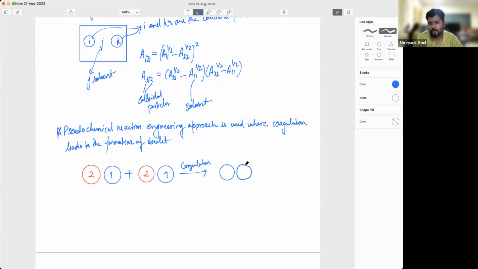Due to the van der Waals attraction, two like particles come together.